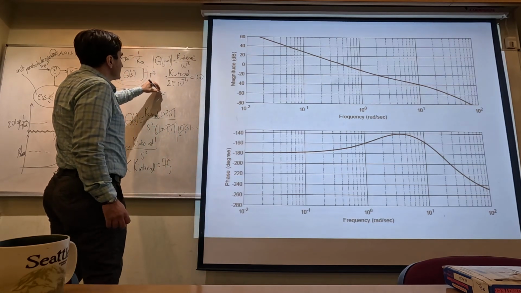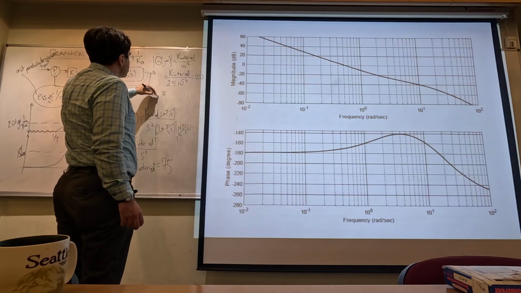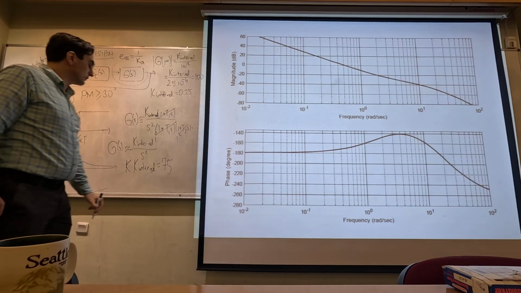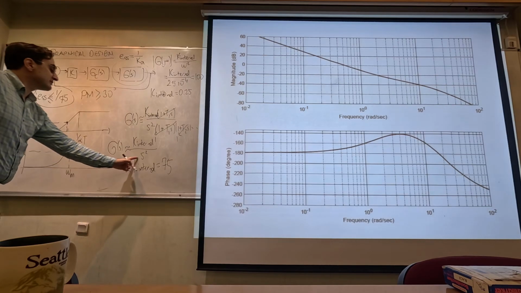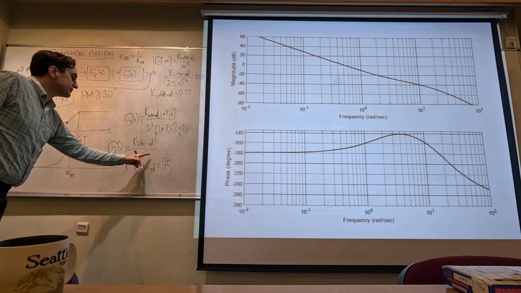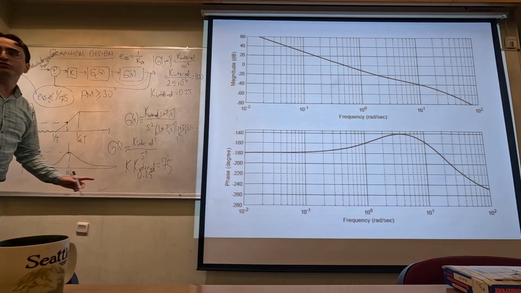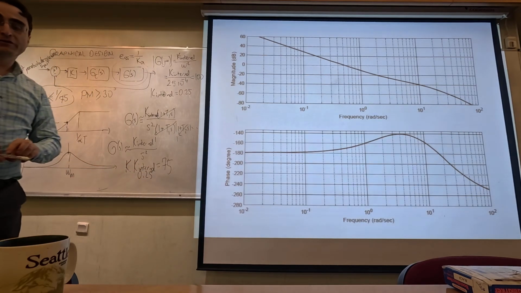That actually means that K internal is 0.25. Okay? And then I can substitute it here, K internal is 0.25, meaning that K should be 300.